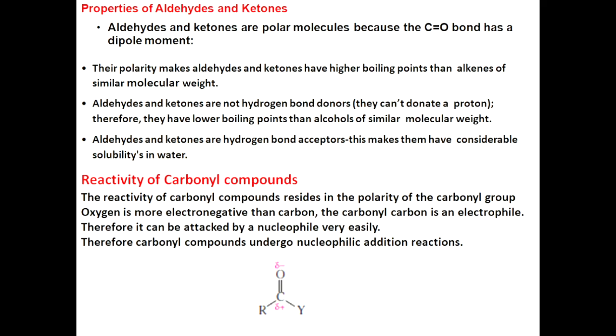Now, what are the properties of aldehydes and ketones? This functional group has characteristic properties that make them unique, and they are considered a separate class of compounds. Aldehydes and ketones are polar molecules because they contain a carbon double bond oxygen. This carbon-oxygen double bond is a polar bond because oxygen is more electronegative and carbon is less electronegative. That's why the electrons move toward the oxygen.